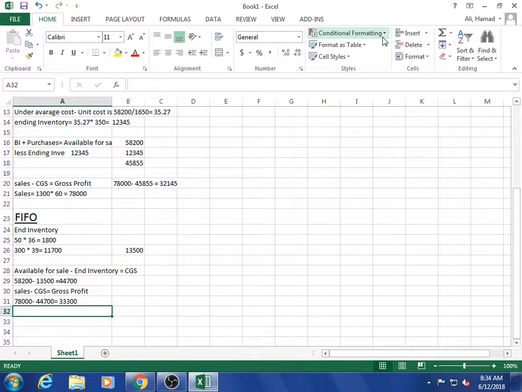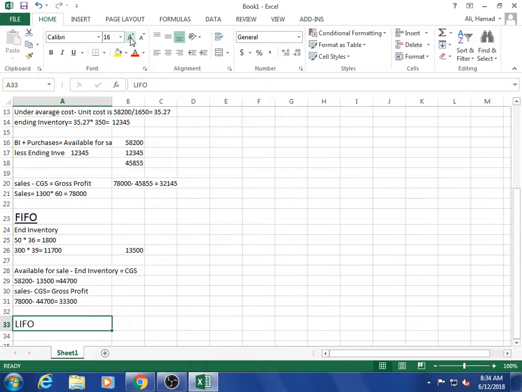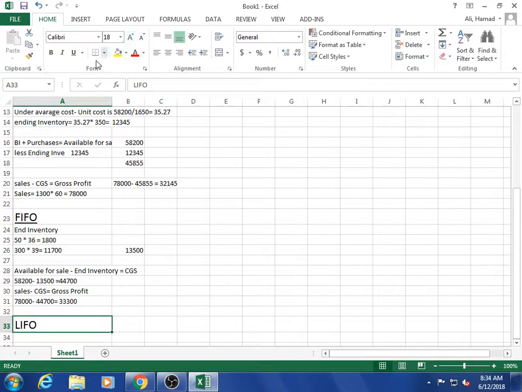Okay. Now under the LIFO, let's go back to the LIFO now. Let me increase that and underline it and bold it.